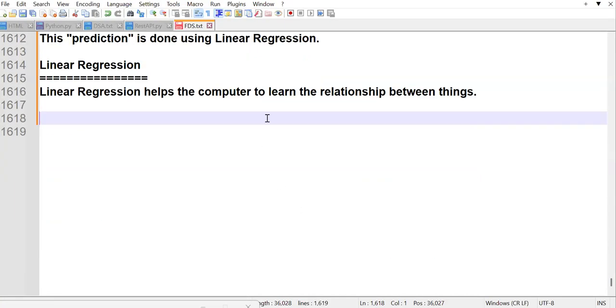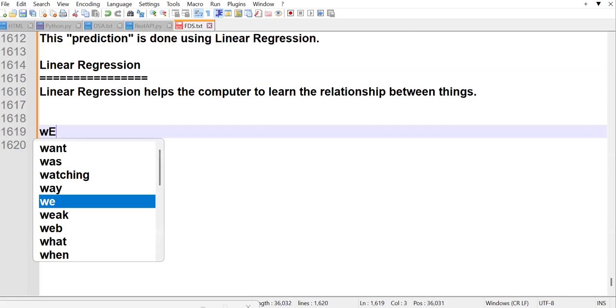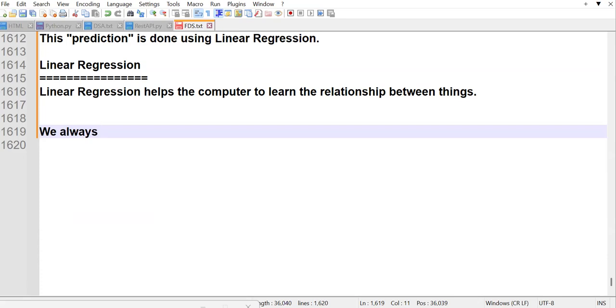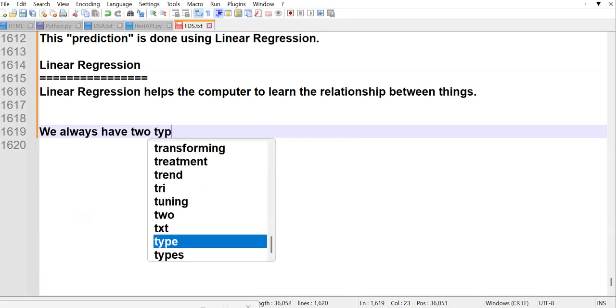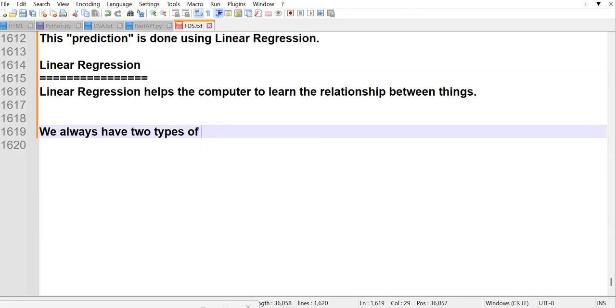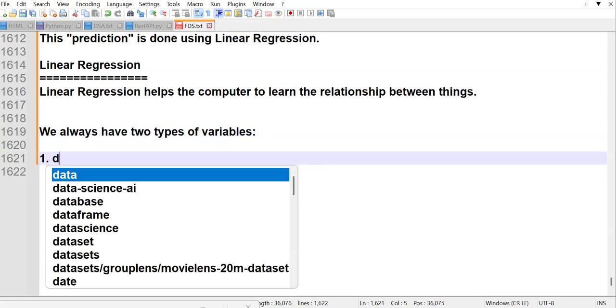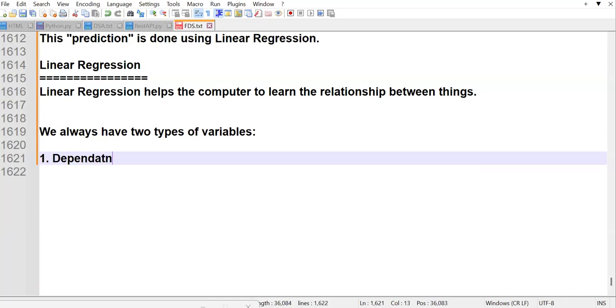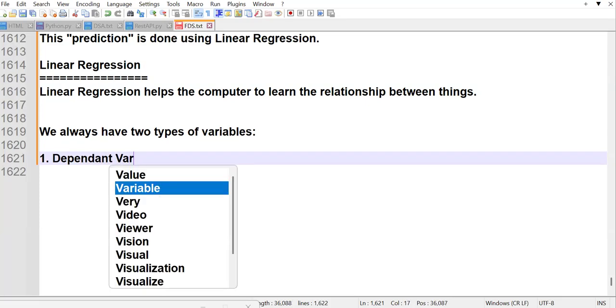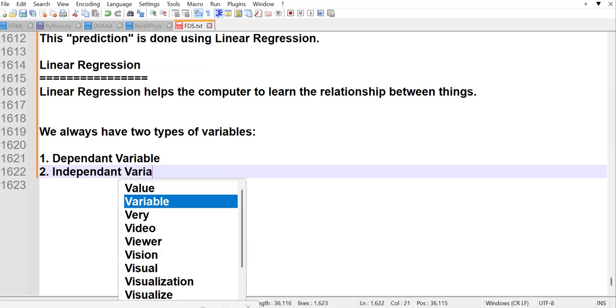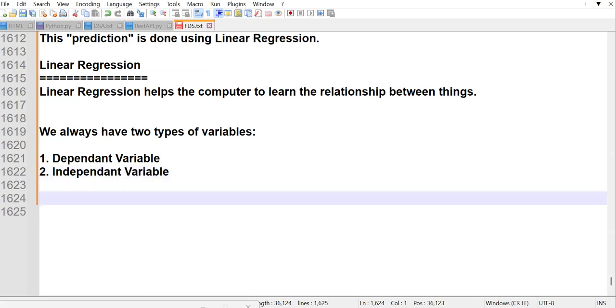Let's try to understand here. We always have two types of variables. How many types? Two types. What are the two types? One is the dependent variable, and the second is the independent variable.